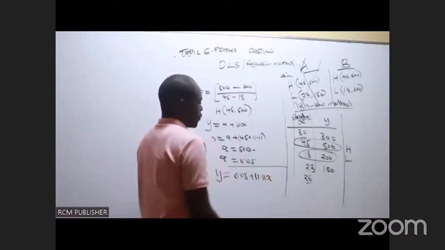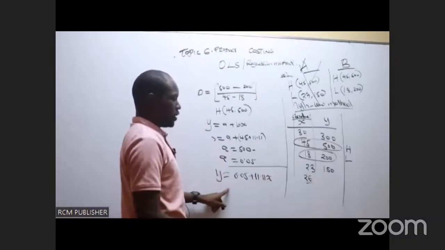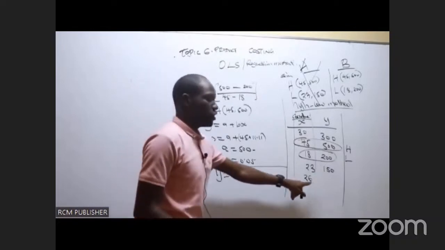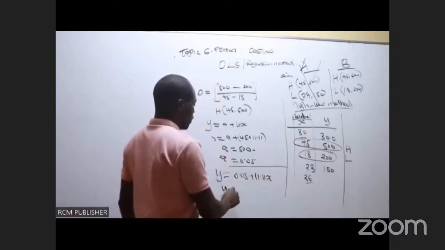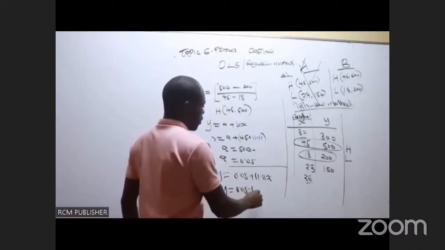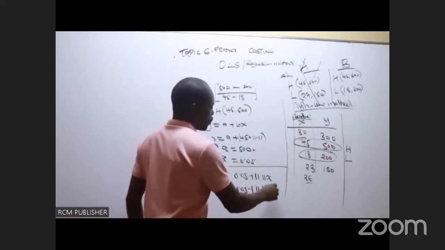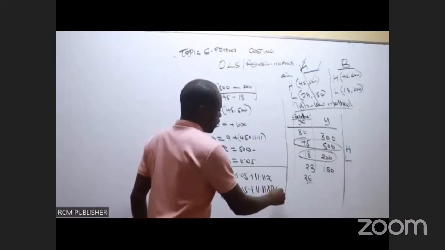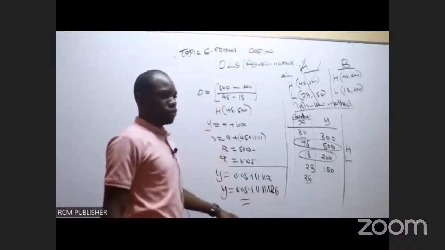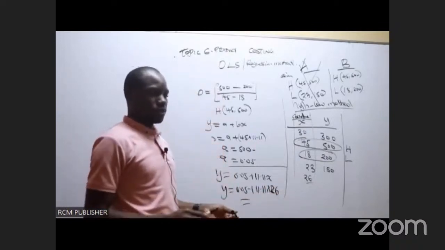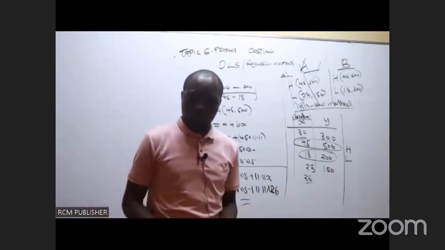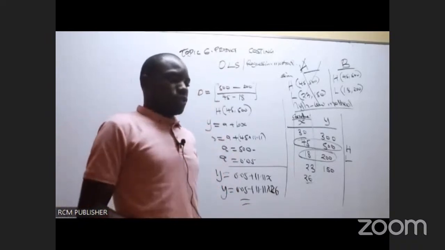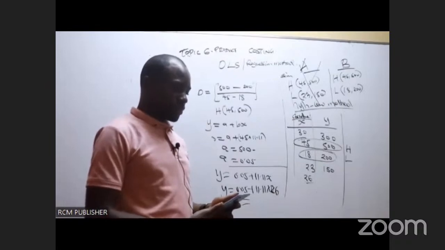Everything is provided. The only thing you are missing is X, and this is what they have provided. So your Y will be 0.05 plus 11.11, multiplied by 26, for you to be able to get the answer. That's all. You don't need to struggle.